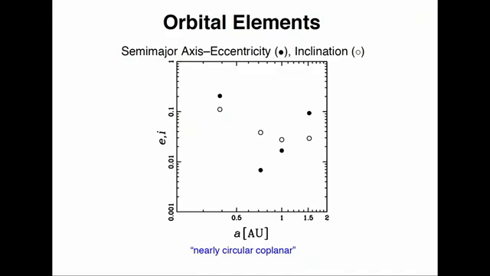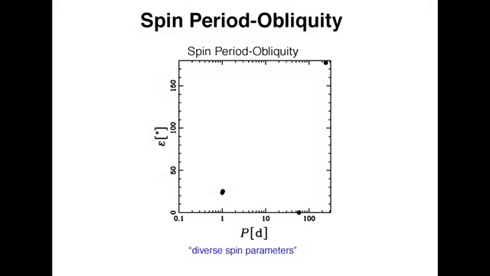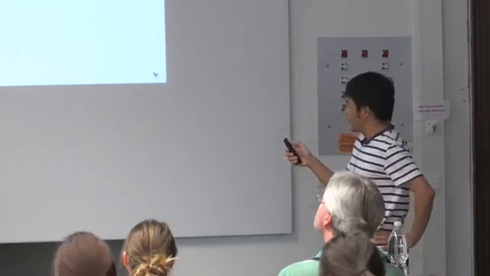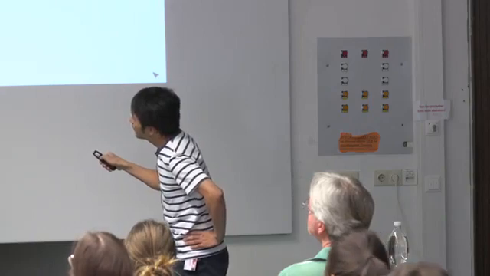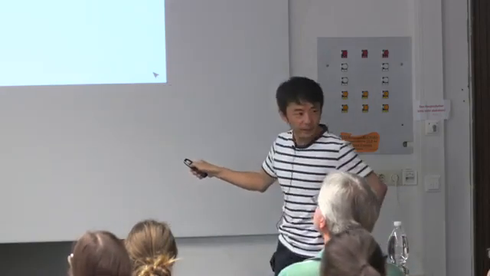Okay. And this figure shows the spin parameters. The horizontal axis is the period in units of days, and the vertical axis is obliquity. Obliquity is the inclination between the spin axis and the orbit normal. As you know, the Earth has 23.4 degrees. From this figure, this is Earth and Mars, and this is Mercury.